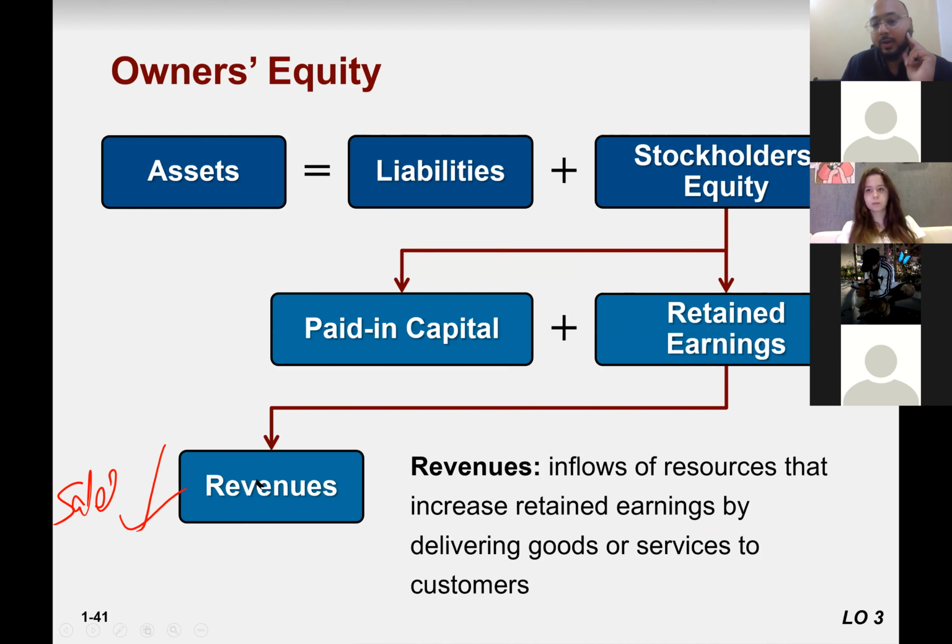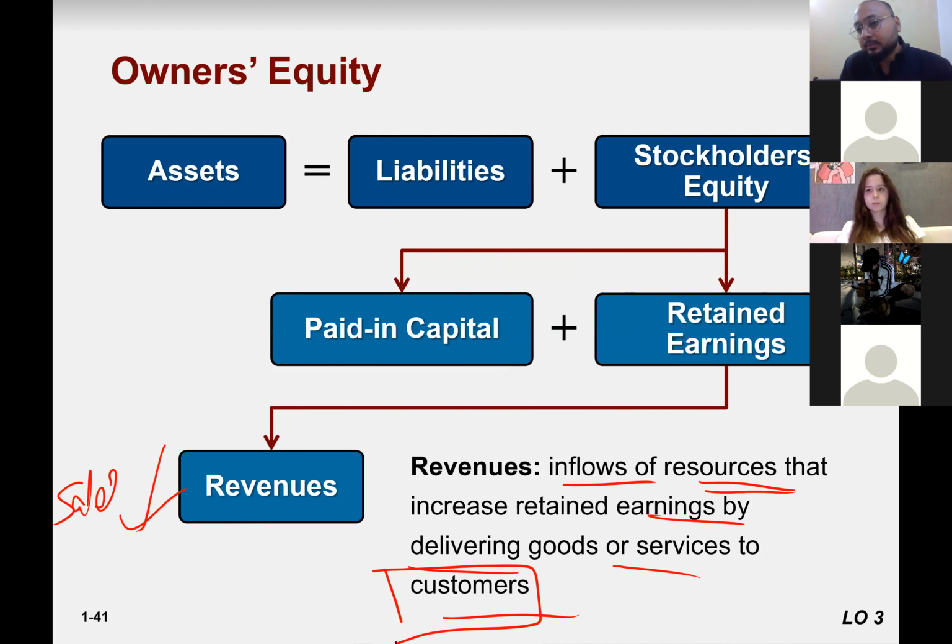Sales, revenues: the definition is the inflows of resources that increase retained earnings by delivering goods and services. Simple. The cash inflow that we receive by selling or delivering the goods and services.